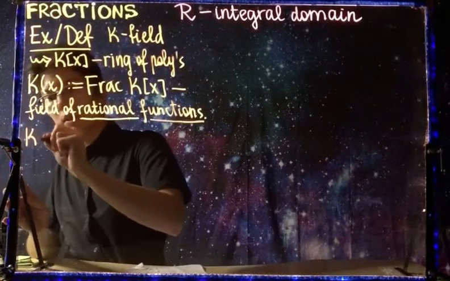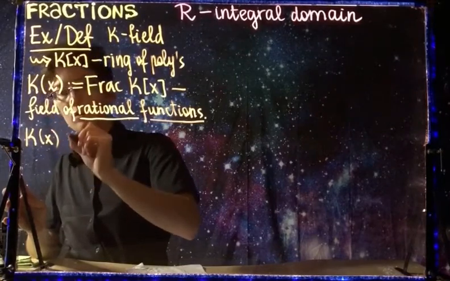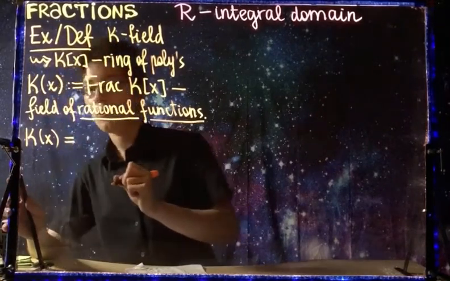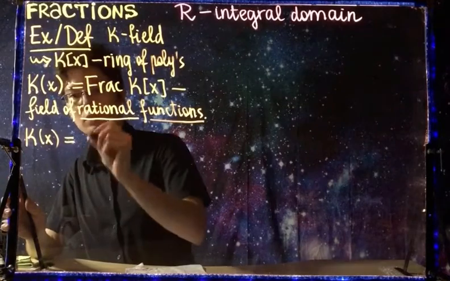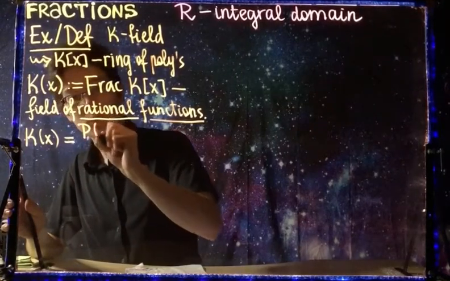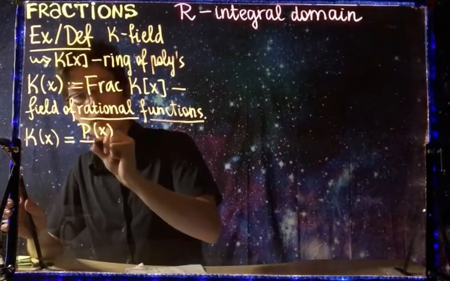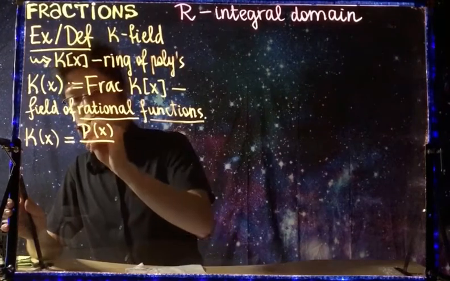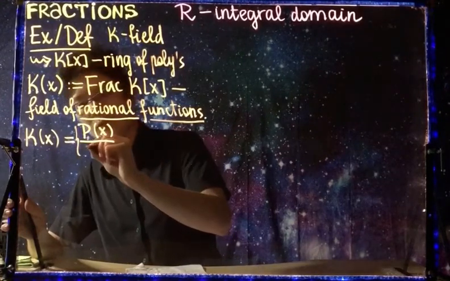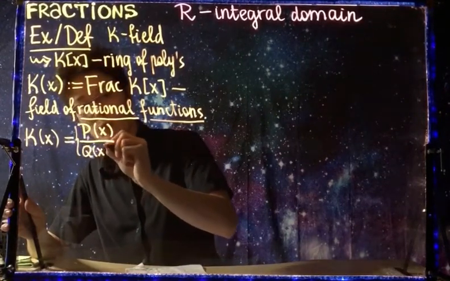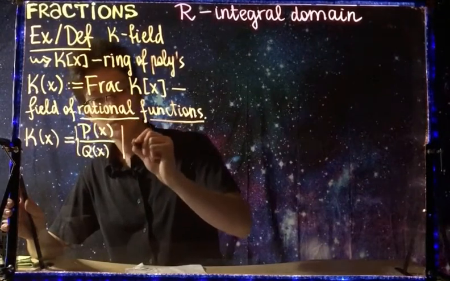So its elements are all the formal rational functions in X of the form some polynomial of X in the numerator and some non-zero polynomial in the denominator.